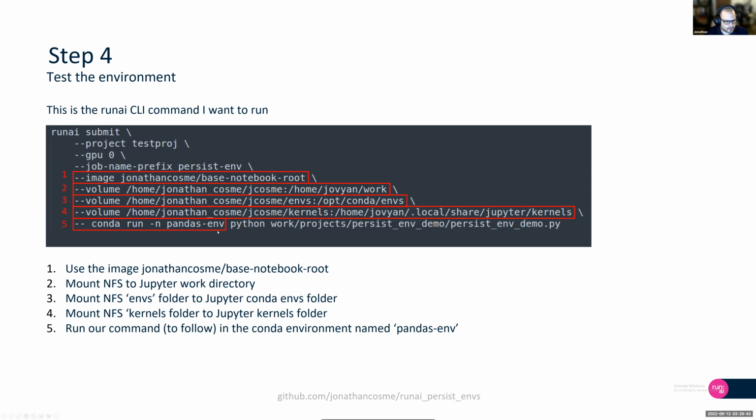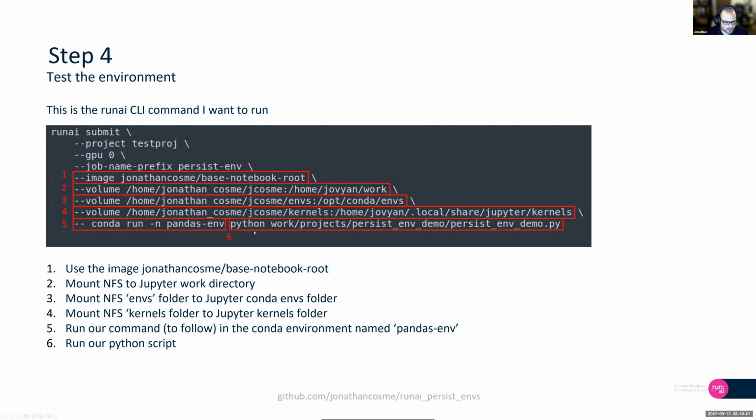And then here in this particular segment, what we're telling the image to do is to run a command within the conda environment named pandas-environment. And the command that we'll be running is this one right here.